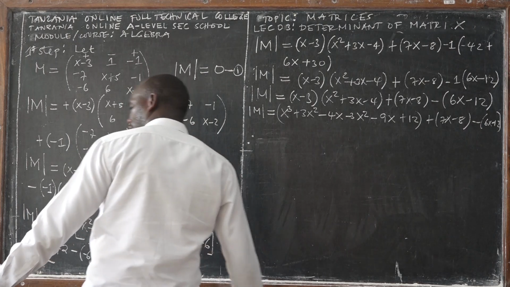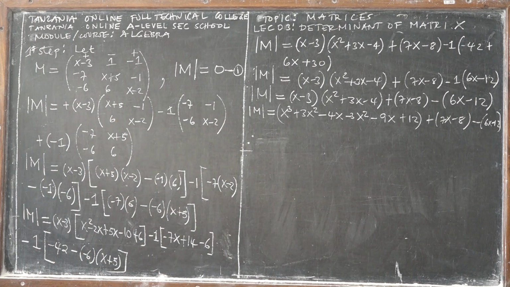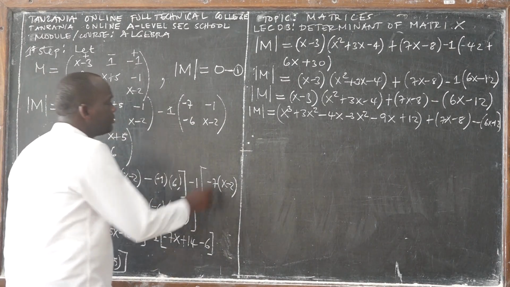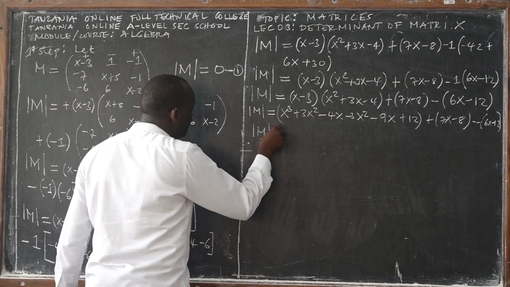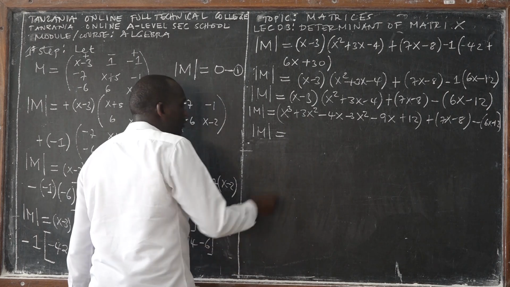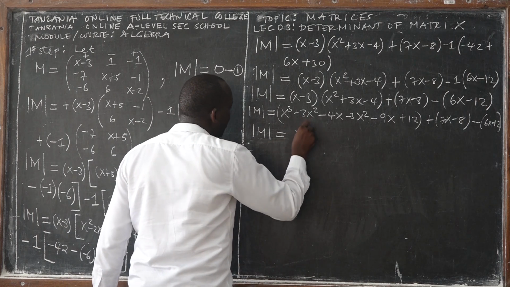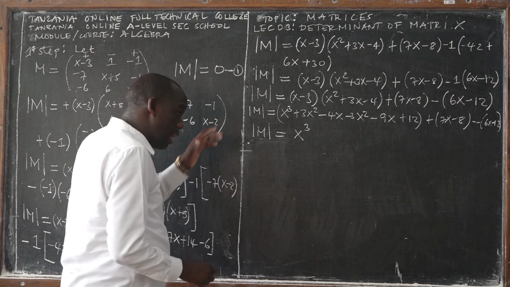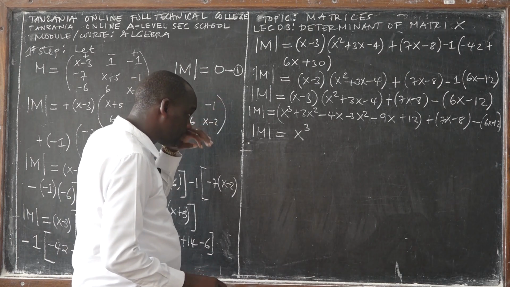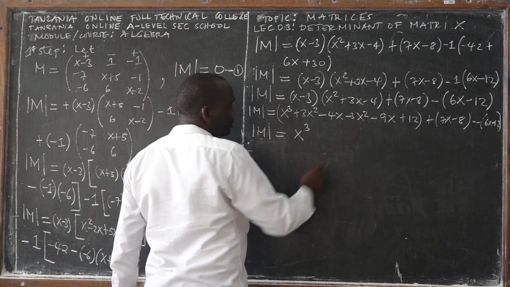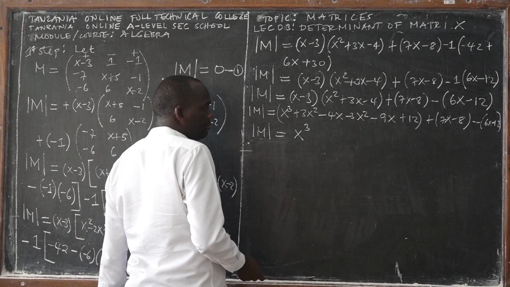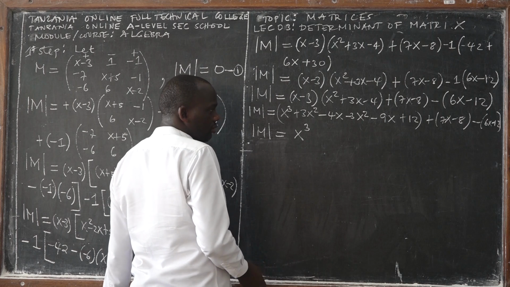If that is the case, now we can collect like terms. Like terms means terms which have the same degree. For x cubed, we have only x cubed. How about x squared? 3x squared minus 3x squared cancel, so 0.